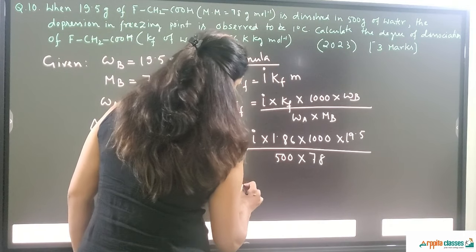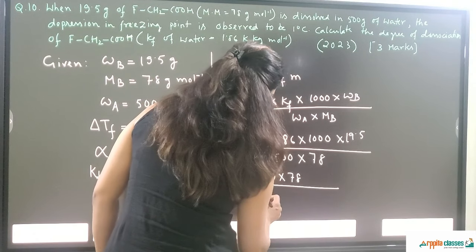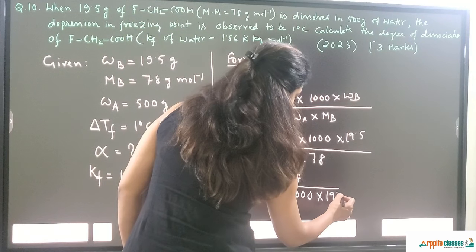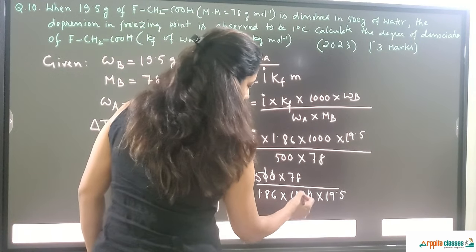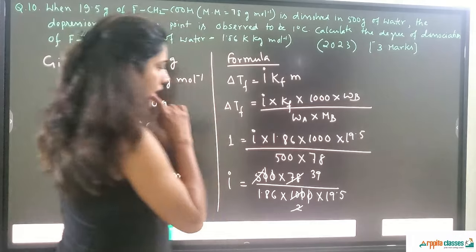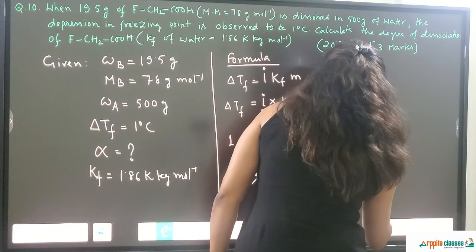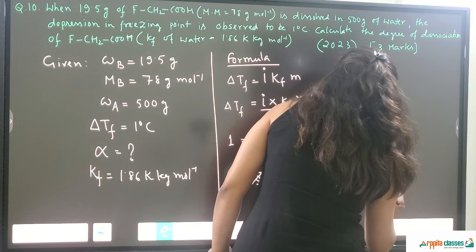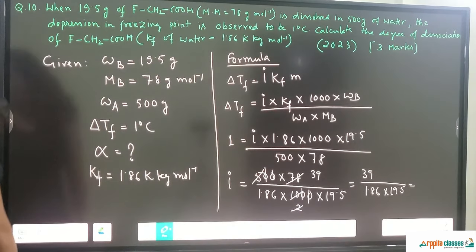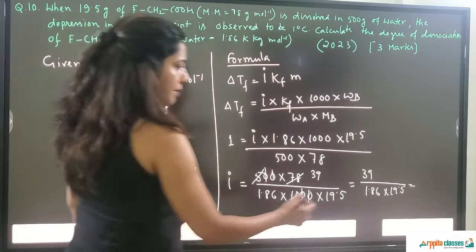So from here I is equal to 500 into 78 divided by 1.86 into 1000 into 19.5. The zeros get cancelled, this is 5, this is 2, and 2 times 3 times 2... 39. So it is 39 divided by 1.86 into 19.5. If you calculate this, you will get the value of I, and the value of I here is 1.0753.